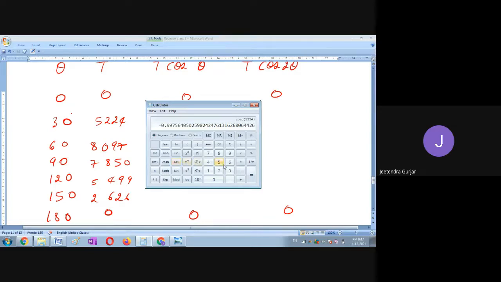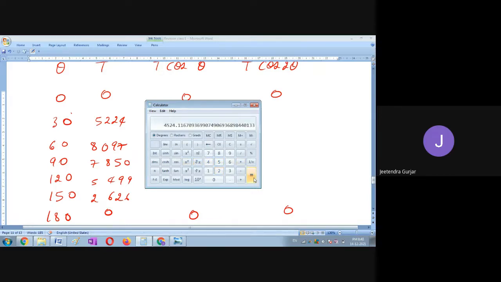So this is one thing. 5224 into cos 30. It is not finding properly. Okay, so you can do like this: 13 cos into 30, cos into 5224.